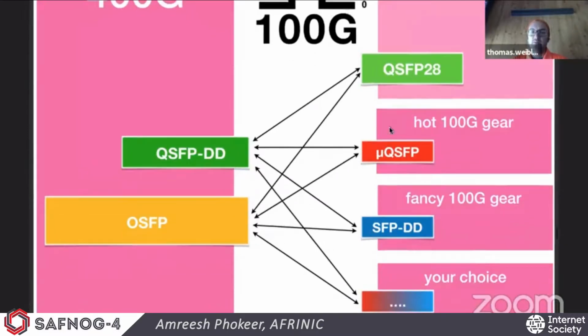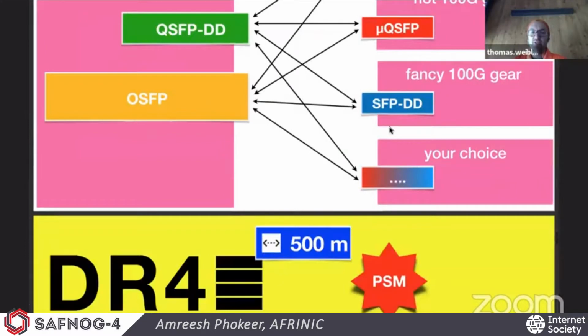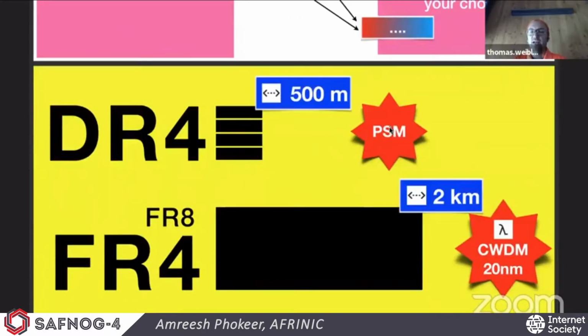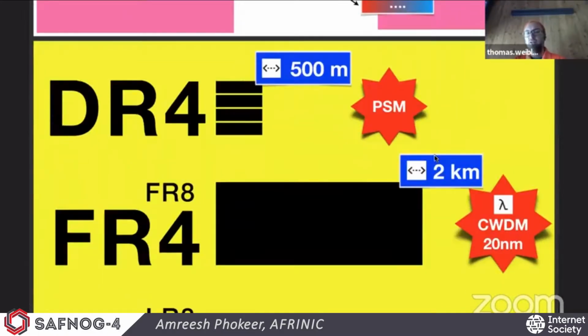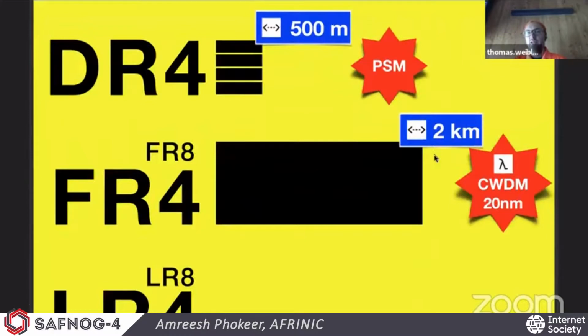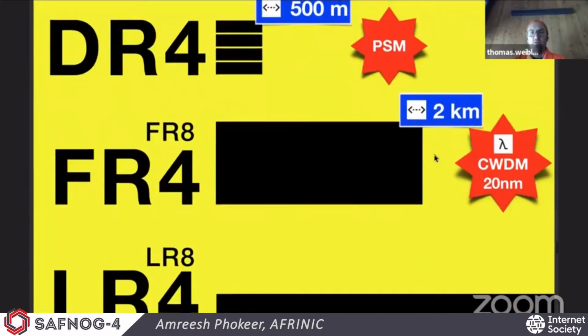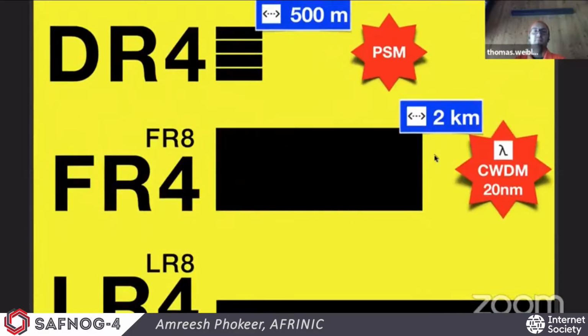Now, when it comes to definitions of the IEEE in terms of link length and kind of wavelengths used, things have changed a little bit. In the 100 gigabit, only talking about single mode now, only LR4 was defined by IEEE.